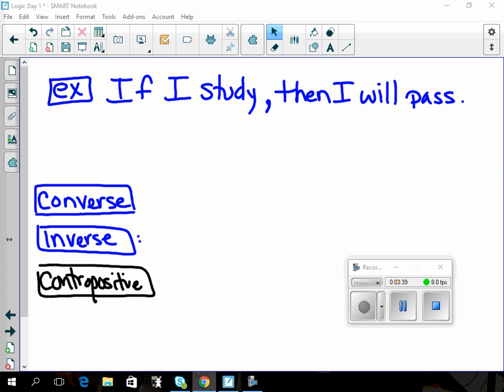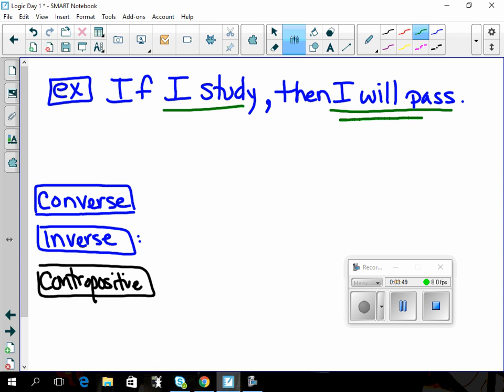All right. So if I study, then I will pass. If you look at the notes on your paper, you'll see that we have 2 pieces, and they have special names. What follows the word if is called the hypothesis. Do you see that in your notes where it says hypothesis?